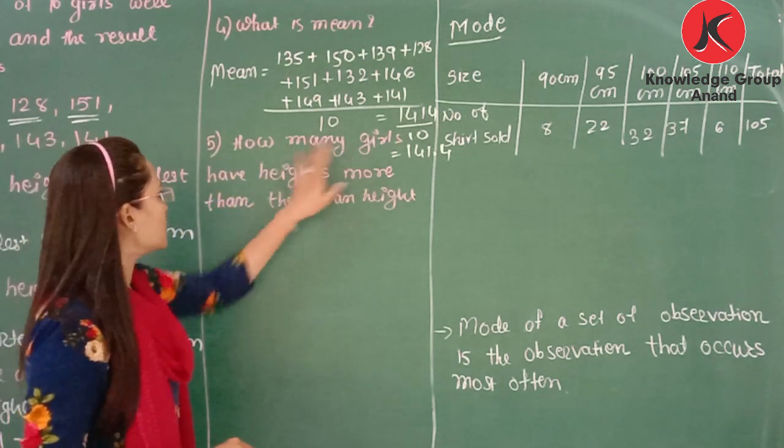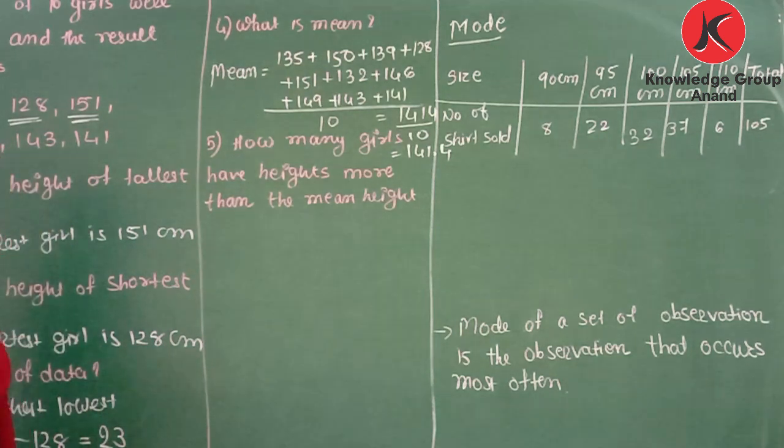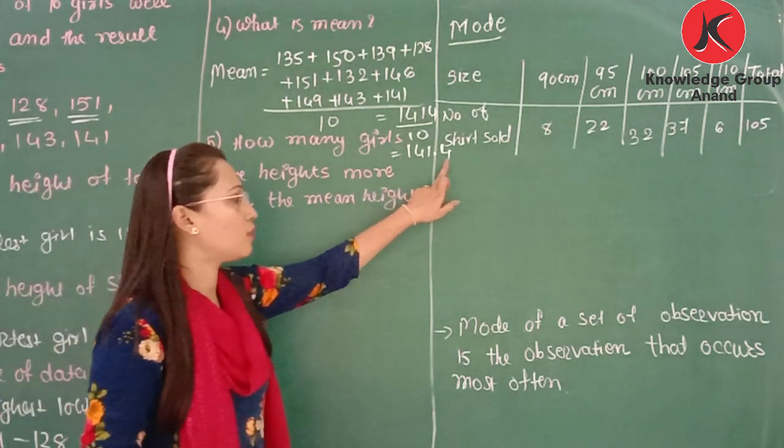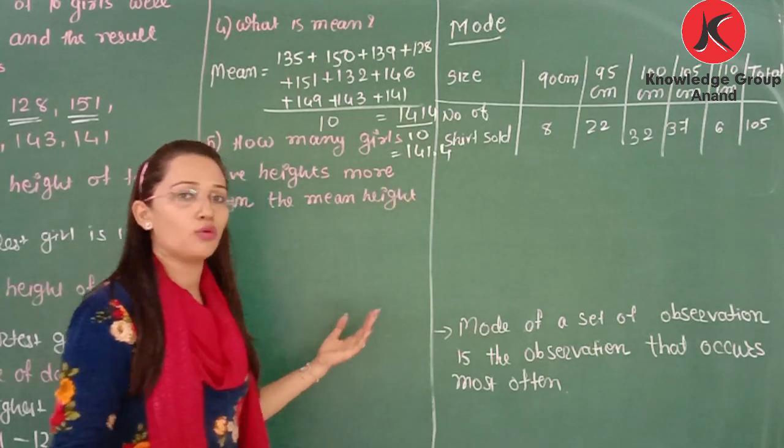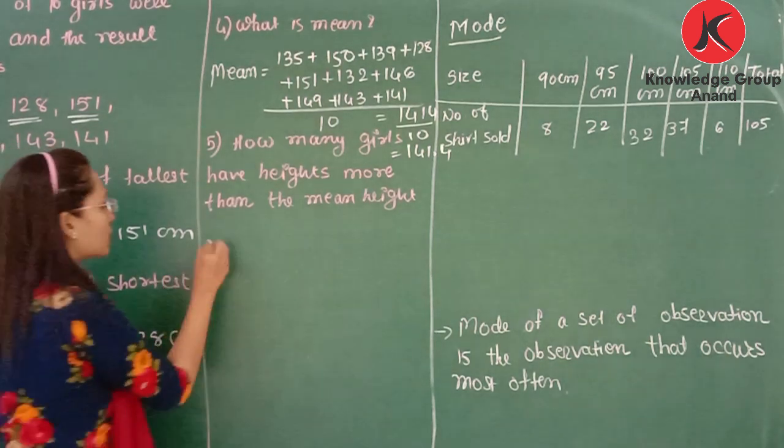How many girls have height more than the mean height? Now our mean height is 141.4. How many girls have greater than this height? So we need to find in the data, that is 1, 2, 3, 4, 5. 5 girls.